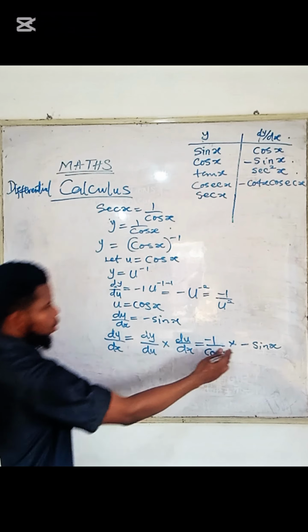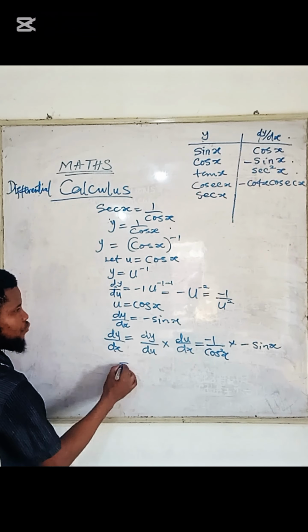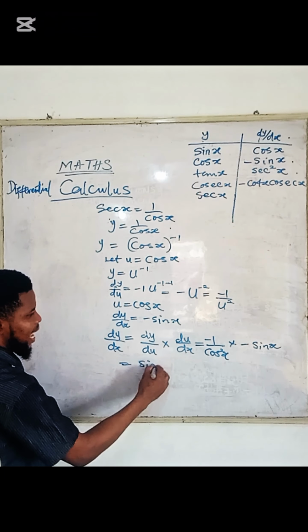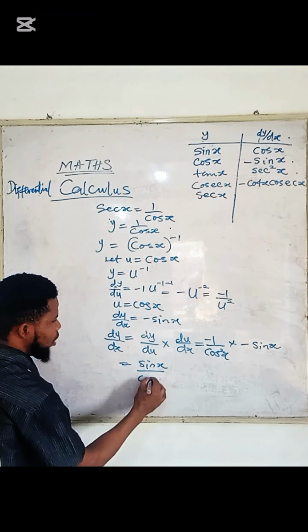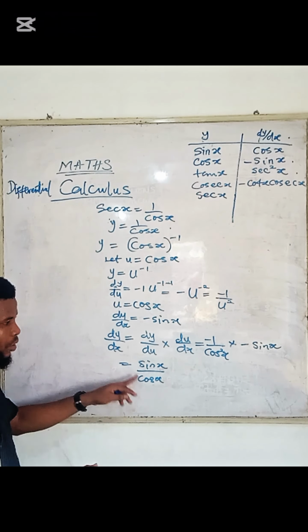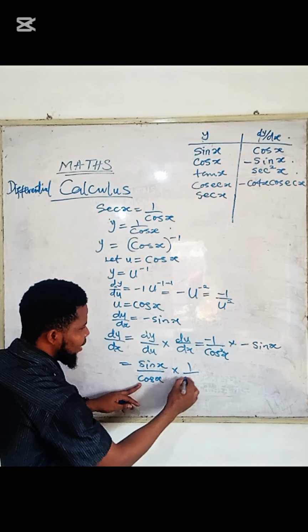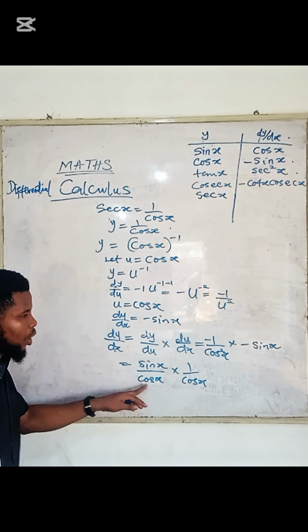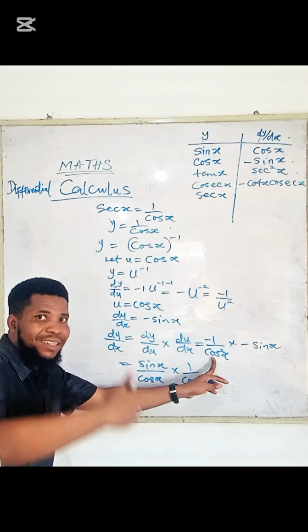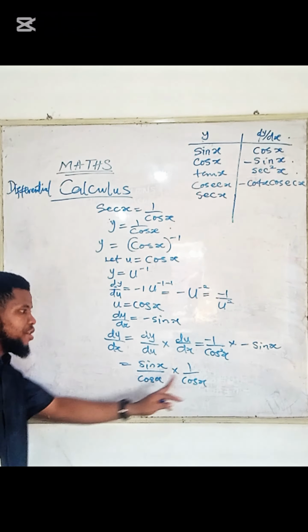Okay? So minus times minus, that's plus. So if you make it that, you have sin S over cos S, then multiplied by 1 over cos S. Why am I making it that? Because you have cos squared S, that's cos S times cos S. So this is the first cos S, this is the second one.